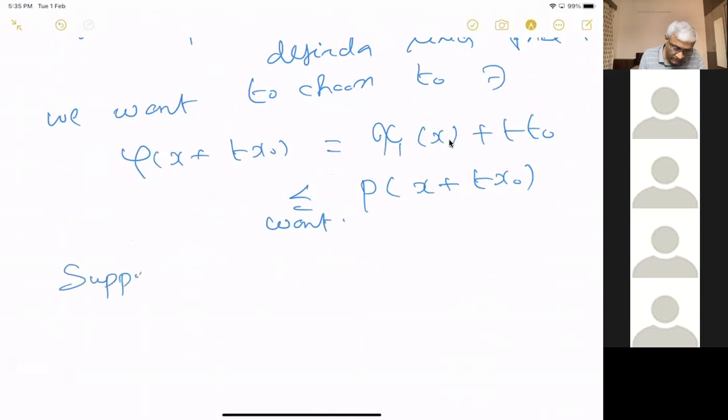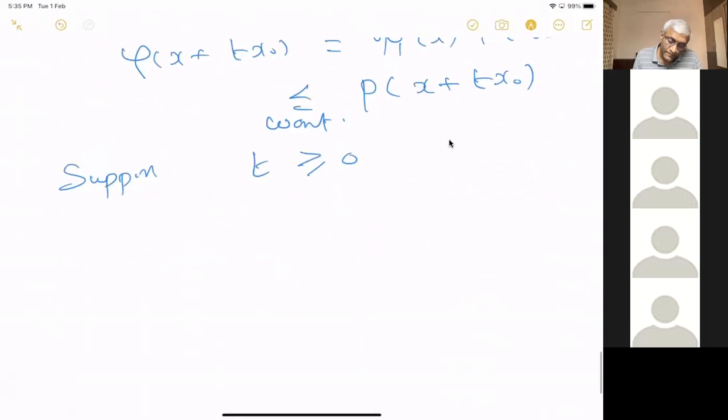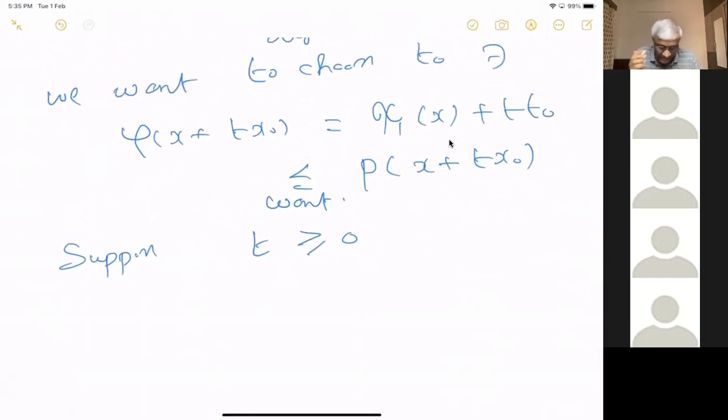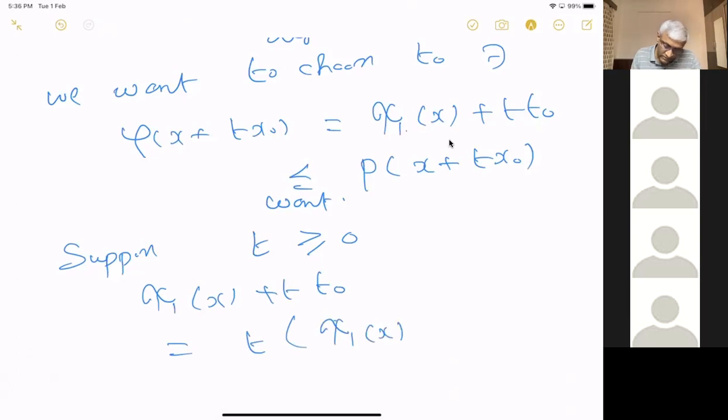Now suppose t is greater than or equal to 0. Then we want this to happen. Then chi1 of x plus t t naught is equal to, we can take the t out, t times chi1 of x by t plus t naught.